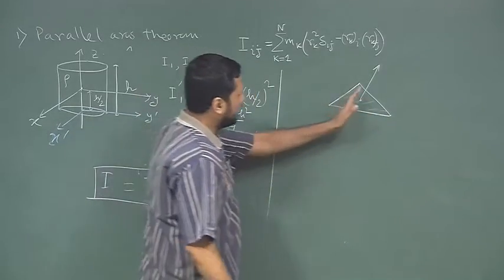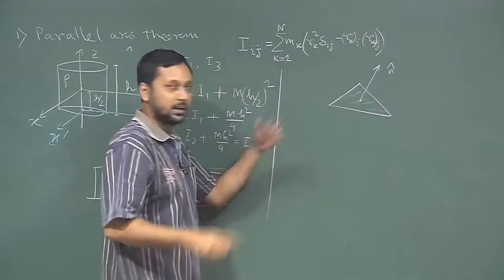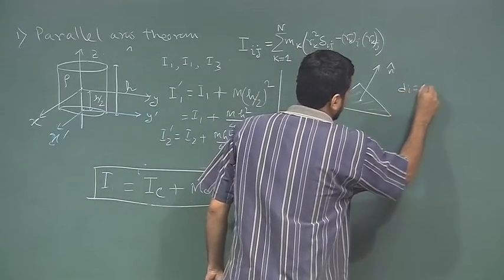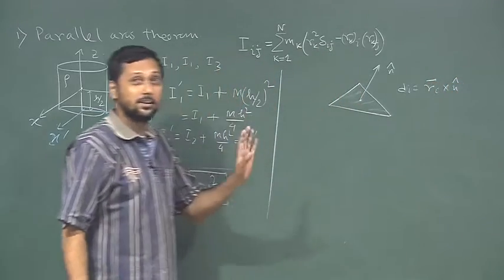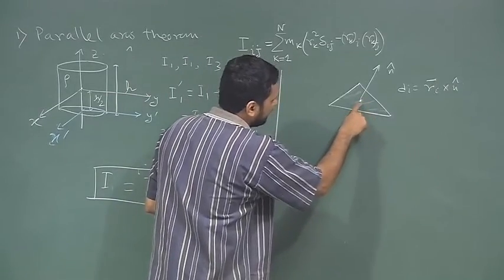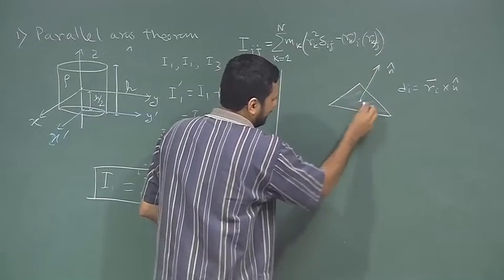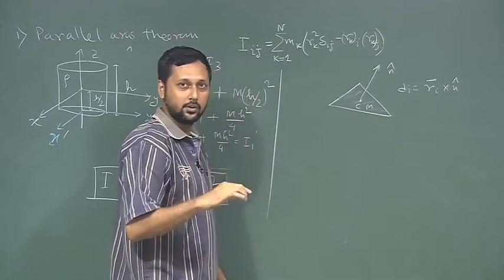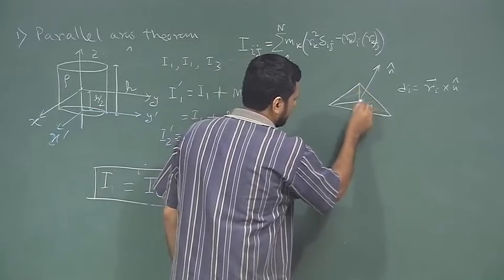Ideally, we have to find the vector direction of the axis and take all the distances from it by using d_i equal to r_i cross n cap, but in this case this is not necessary, because we already have a point which falls on this axis, and it is also in this plane, which is the center of mass. So, once we know the coordinates of the center of mass which we calculated in the previous class, we can just take the mutual distance of these 2 points.